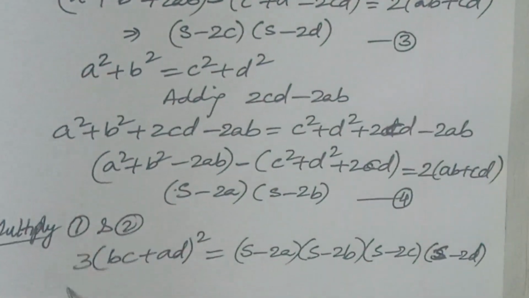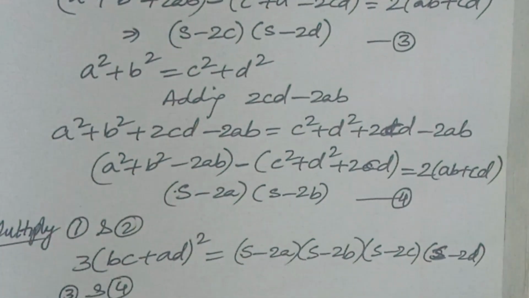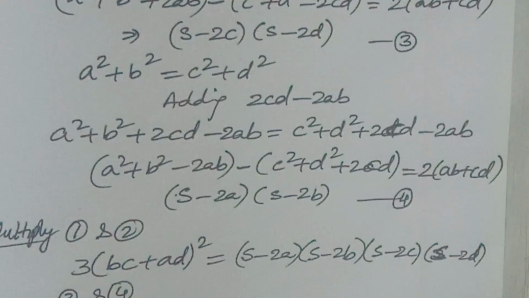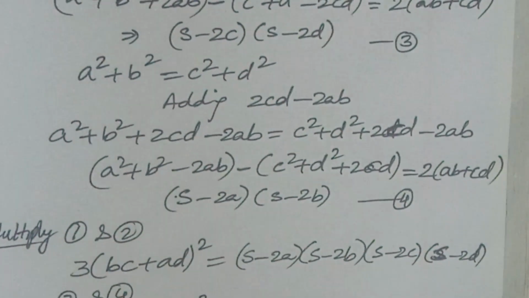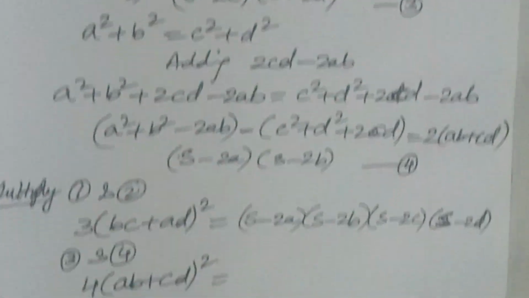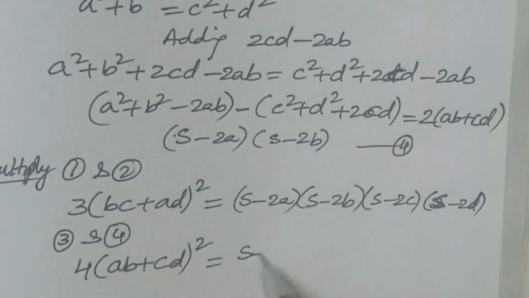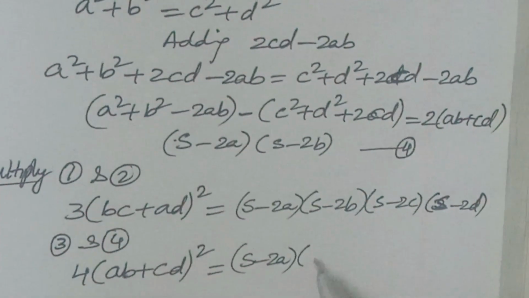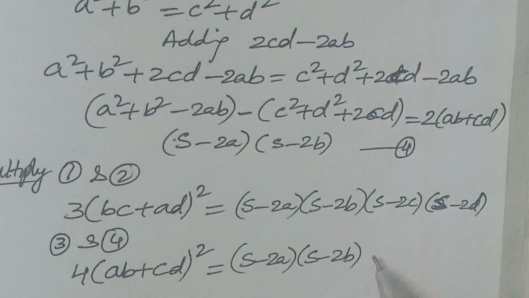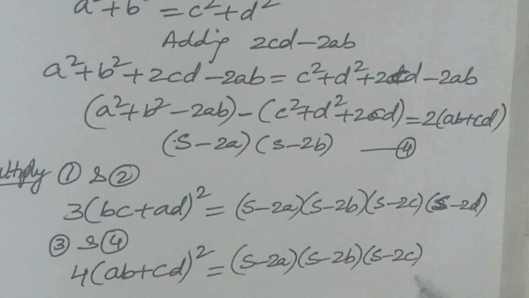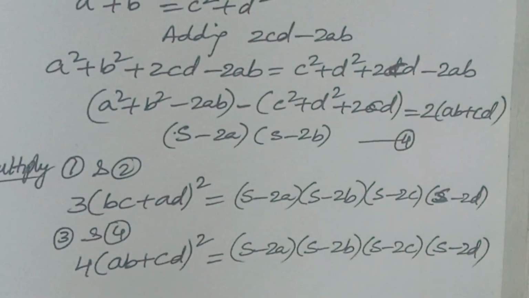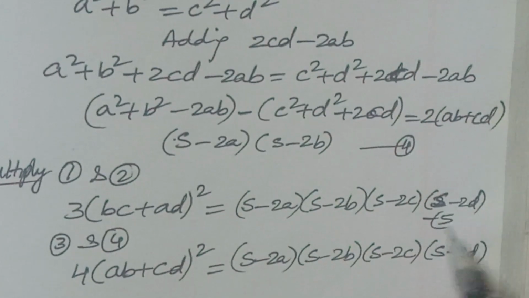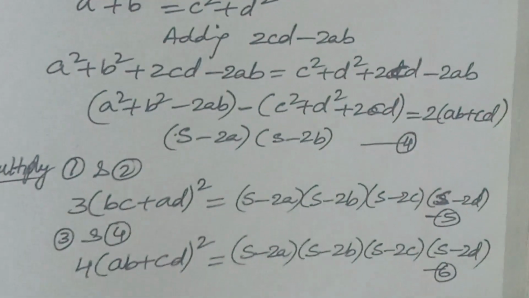Now multiplying 3 and 4, so here you'll get 4 of AB plus CD whole square equal to S minus 2A into S minus 2B into S minus 2C into S minus 2D. Now let it be 5 and let it be 6.